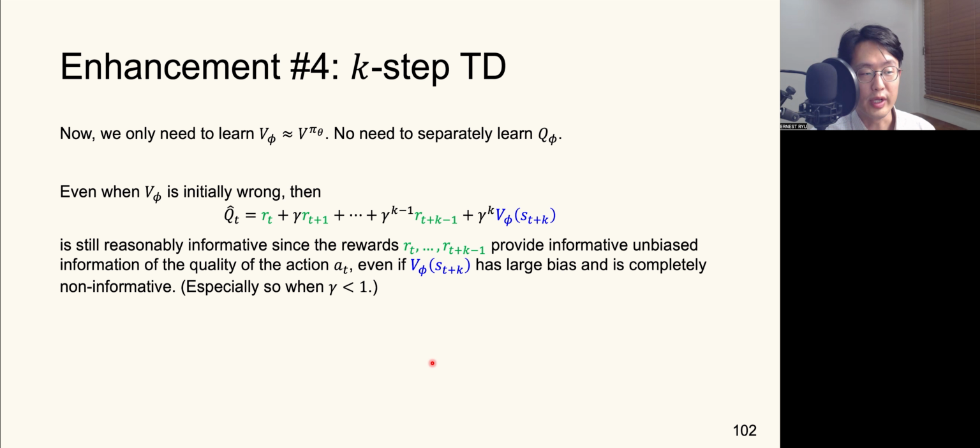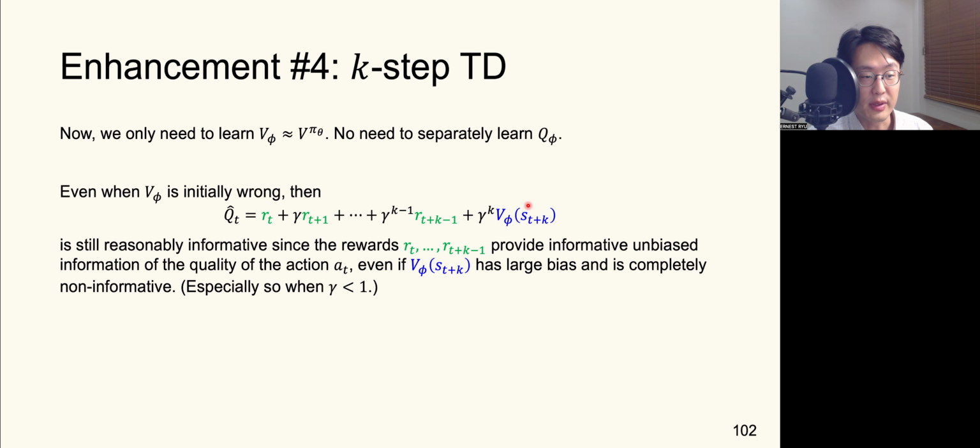Now, one might still worry that initially our V value network will be wrong. It will not be a good approximation of the true V value function, but that's okay because even when V phi is wrong, we have these rewards, and these rewards provide informative, unbiased information about the quality of the action AT.